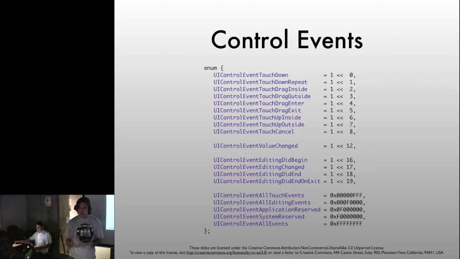Touch up outside is if they touch in the control, move the finger outside, and then let go outside the control. And you can see that the bit patterns of these don't overlap. So if you bitwise OR them together, they'll just fill in different columns of the bit mask, and then iOS basically tests each bit in the bit pattern to determine which control events you're interested in.